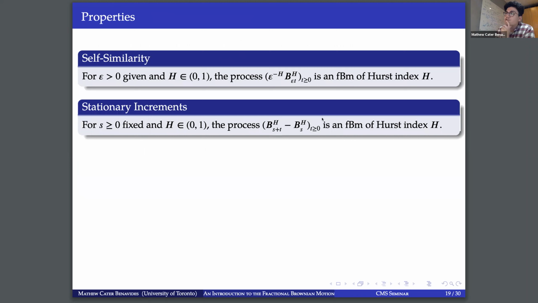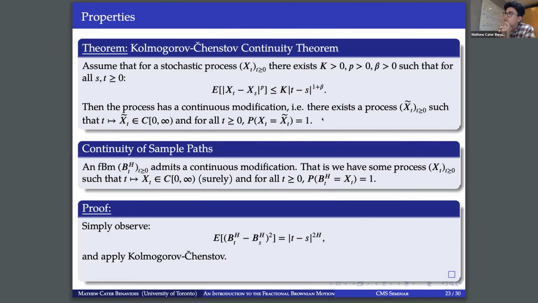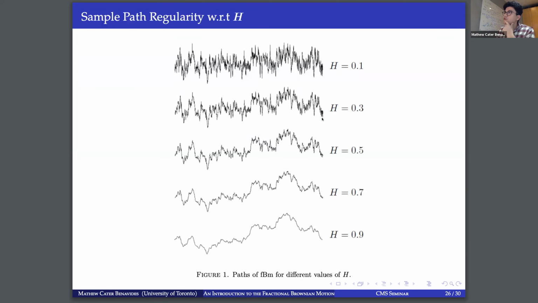But after speaking with a friend of mine, David, we looked a little bit at what would happen if we took this limit. I didn't write it out here, but I thought it'd be fun to discuss. With some work and the use of Wick's formula to compute the 2nth moment, you can show that even if you were to use that formula and just look at H really small, you get discontinuity of sample paths.